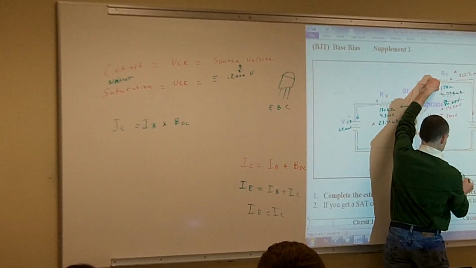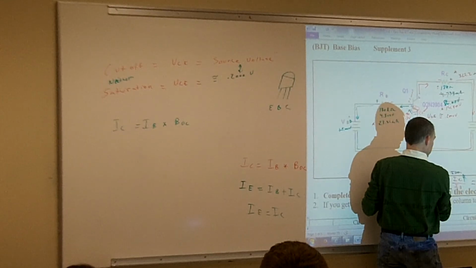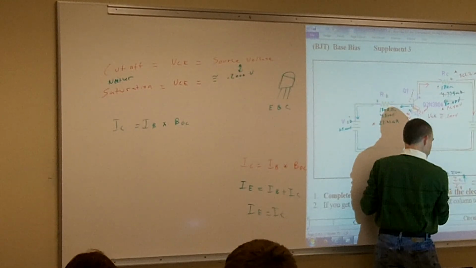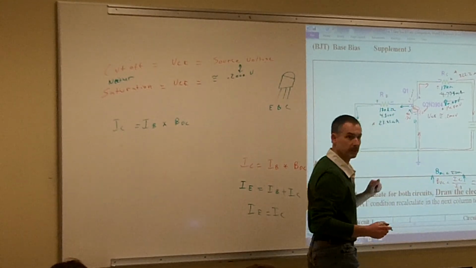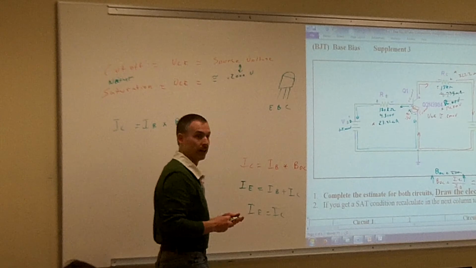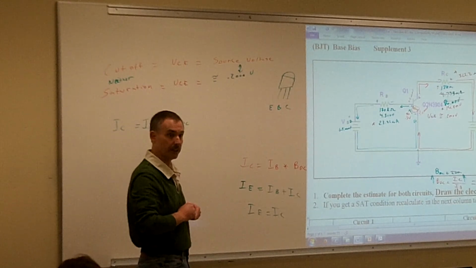And since IC and beta DC are directly proportional, if IC goes up, so does my beta. So if I get too large a resistor on RC, I'm going to run it into saturation.